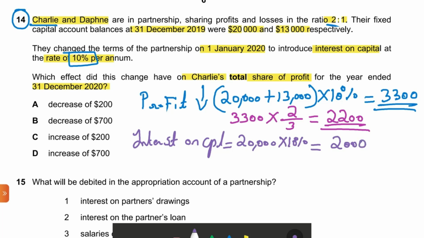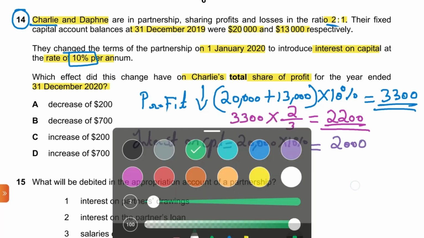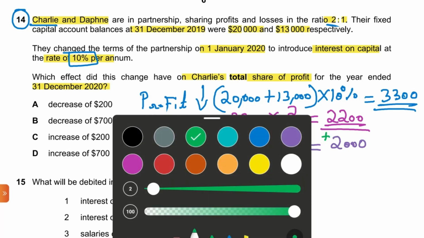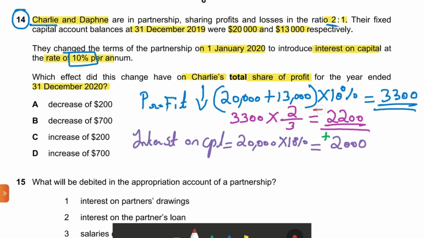He gets 2,000 while he is losing 2,200. So the net effect is a decrease of 200 in his profit. The correct option is option A: decrease in 200.